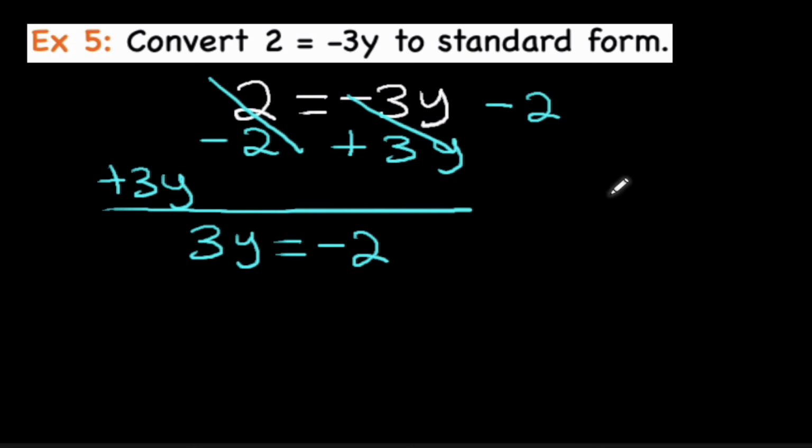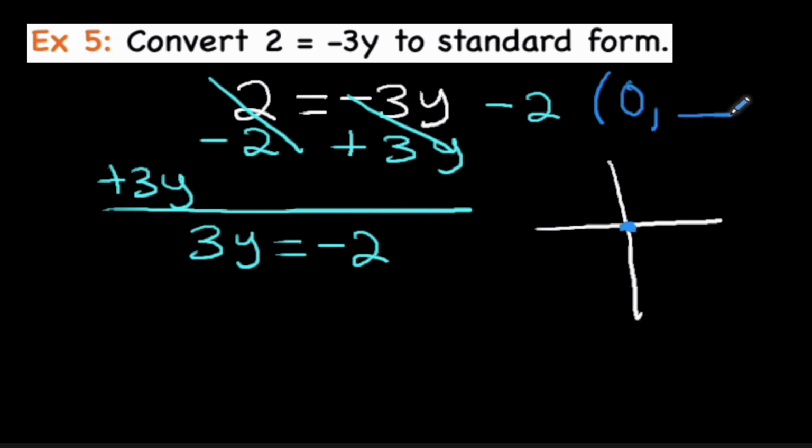Let's do a rough sketch here. Since we know that x is 0, we can just place a dot here. Now let's determine what y is. So dividing by 3 on both sides, y is equal to -2/3.